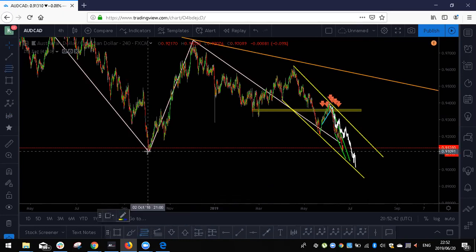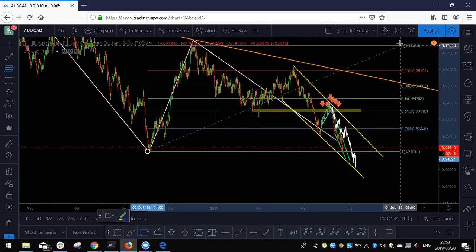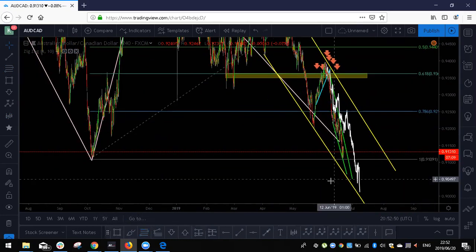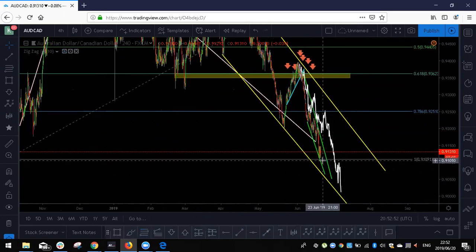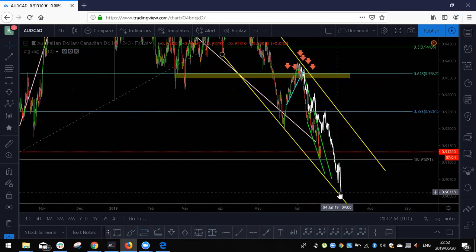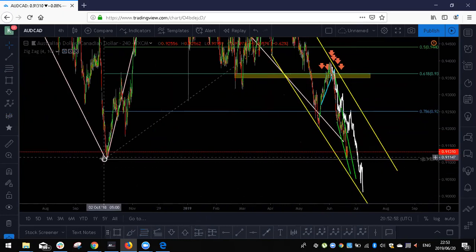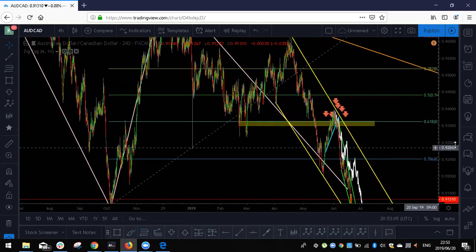Let me draw the zones like this. So you try to look for as much confluence as possible. Maybe I was gonna take my profits at this current level. I wouldn't try and hold below this level, because this is a strong level, it's the previous low. So this would be a good take profit level.